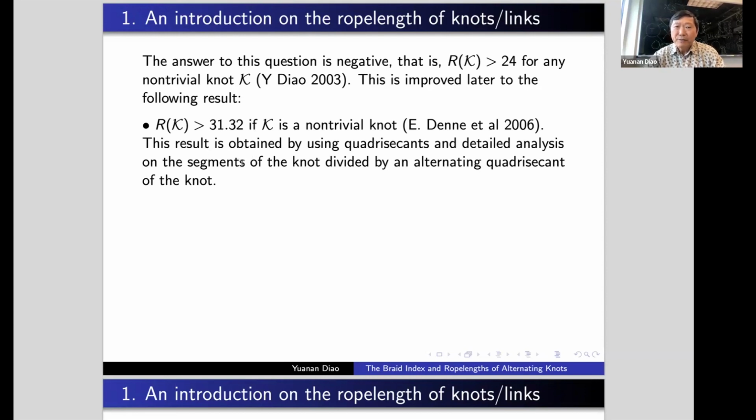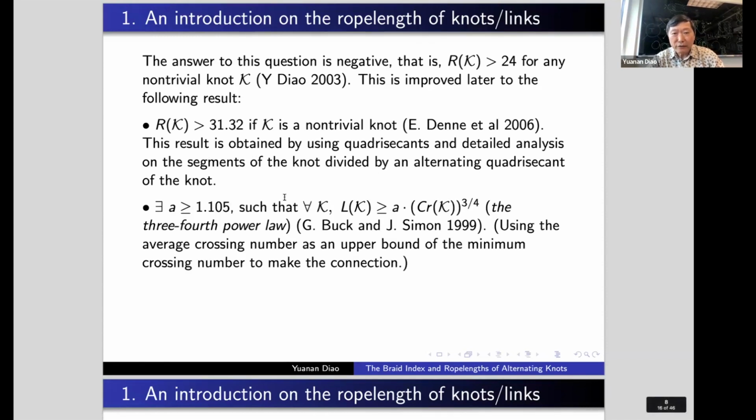But for this one, you have to use something called the quadrisecant, a straight line that intersects your knot in 4 points. You have to use that result, which is fairly unique, and do some detailed analysis to get this result.